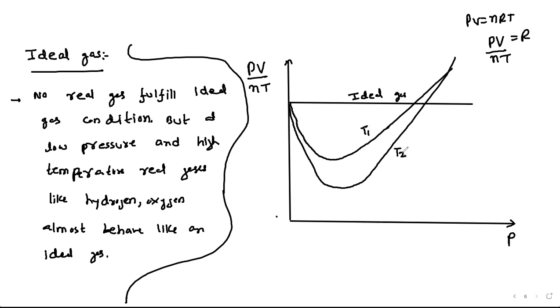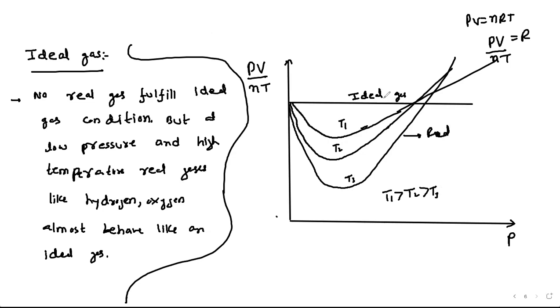This is at temperature T2. This is T3. As you keep on increasing the temperature, T1 is greater than T2 is greater than T3. All three graphs are for a real gas.